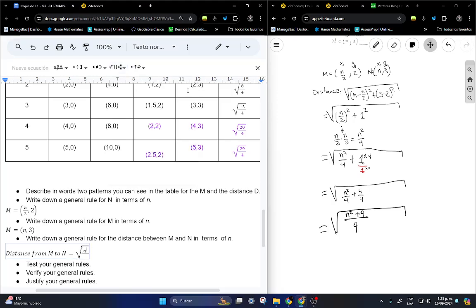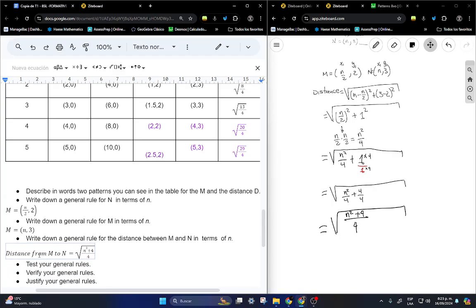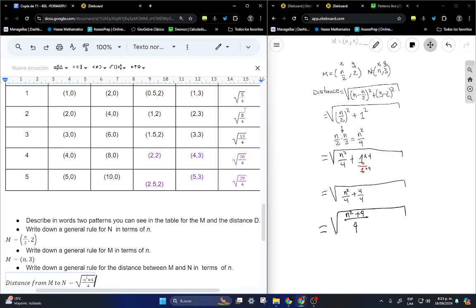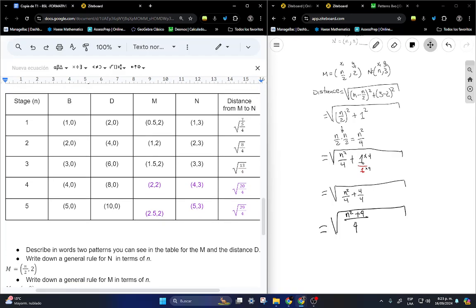So it would be the square root of n squared plus 4 over 4. That's our general rule for the distance. And look, it looks really similar to what we got in every single stage. A square root with a fraction with denominator 4 inside.